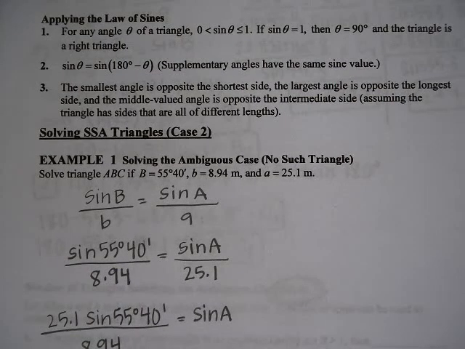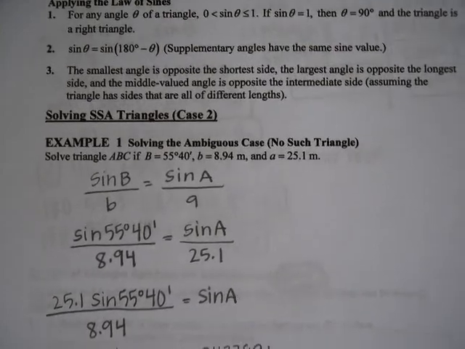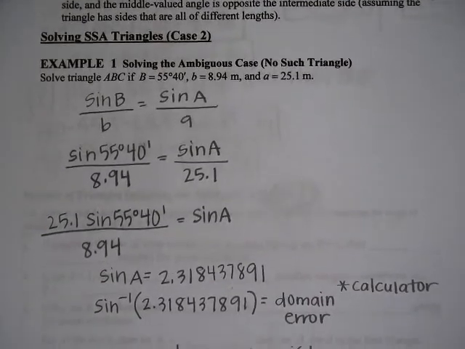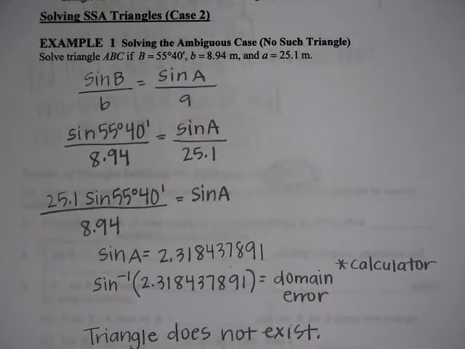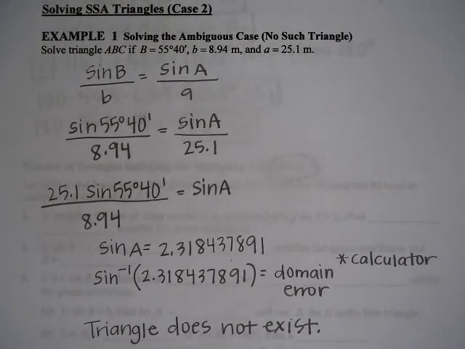So I've already worked this out because we worked this last class, but to help out our Monday, Wednesday, let's go back and recap on this problem, okay? What happened is we were given angle B, little b, and little a.